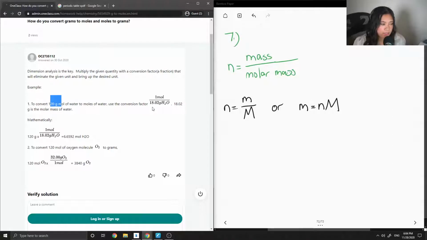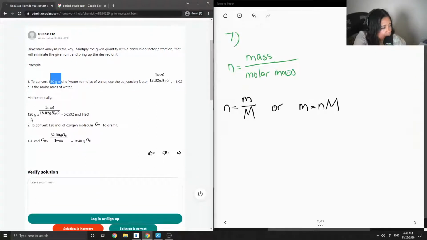So that's the same thing as saying its molar mass is 18.02 grams per mole. 18.02 grams per mole is the molar mass of water. So 120 grams divided by 18.02 grams per mole is equal to 6.65 moles of H2O.